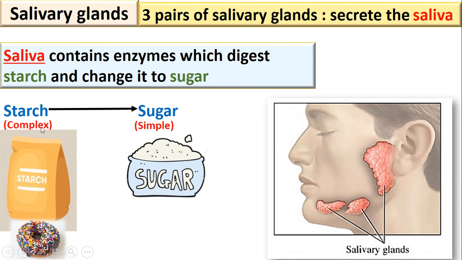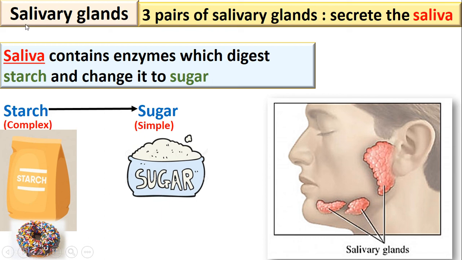Starch is a complex sugar that our body cannot take. So our body will digest the starch, or change the starch, which is complex, into sugar, which is the simple form.